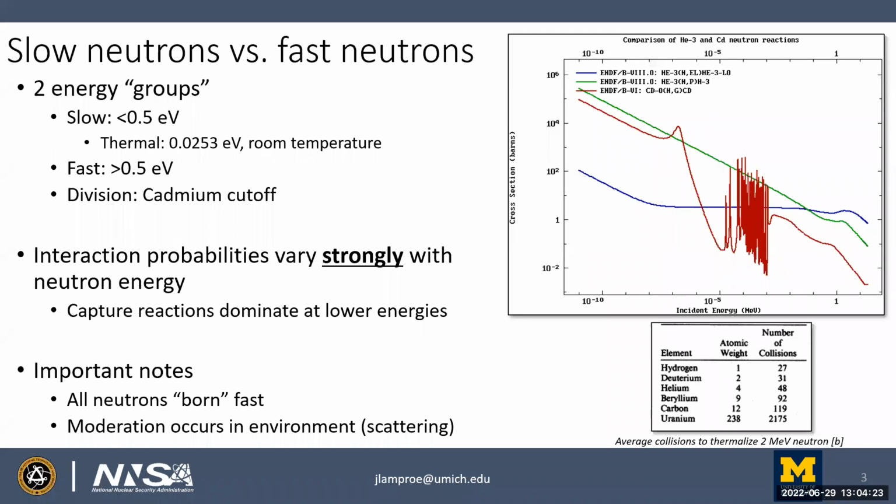A lot of our detection methods are going to depend on cross sections, and they are a lot higher in this slow energy range as opposed to fast neutron ranges. It's important to note that all neutrons are born fast, for example, in fission, and then are moderated and reflected naturally in the environment or purposefully for detection.